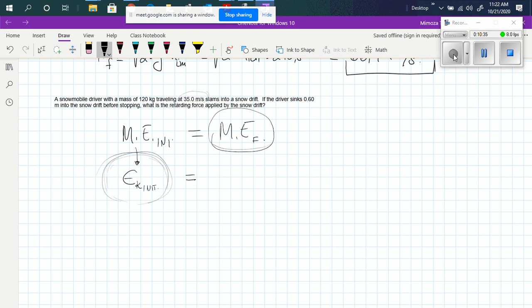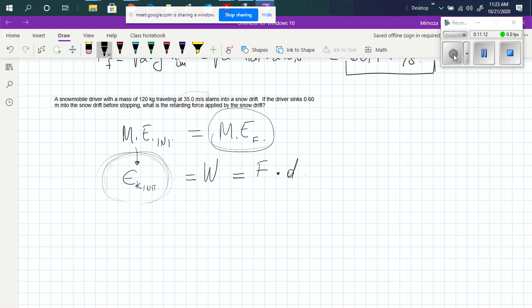Based on the work energy principle, this is the same as the work done by the snowdrift, the retarding force of the snowdrift on the person. So this will be equal to the force applied by the snowdrift times the distance that the object is moving.